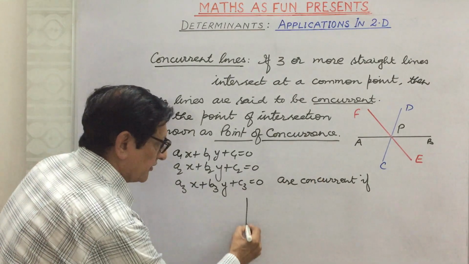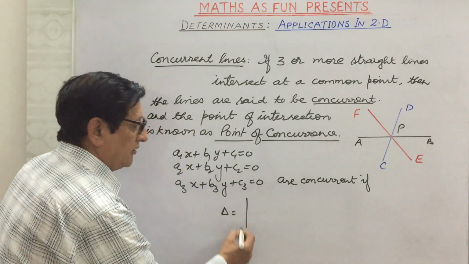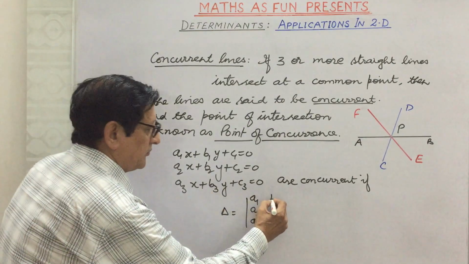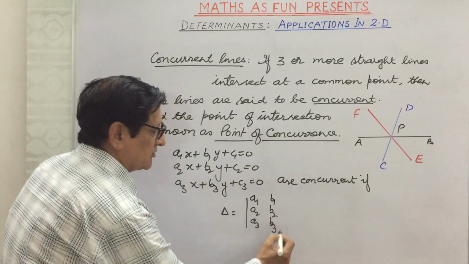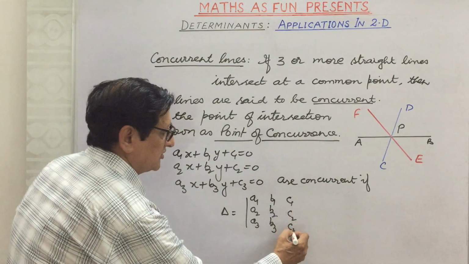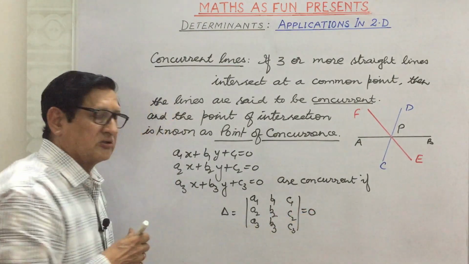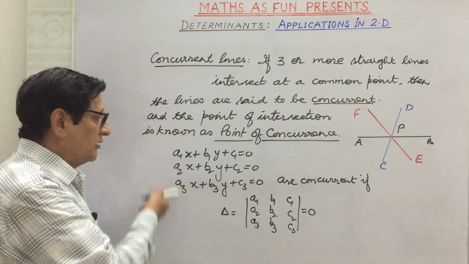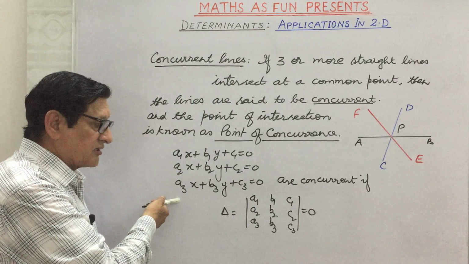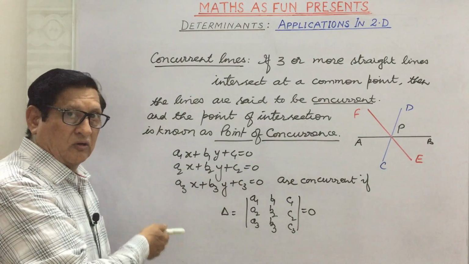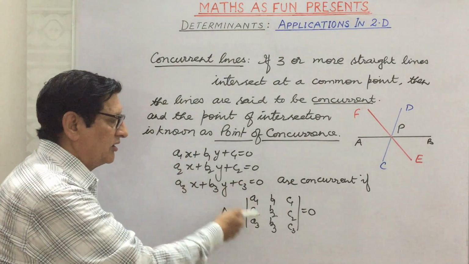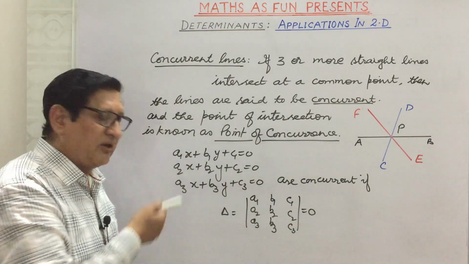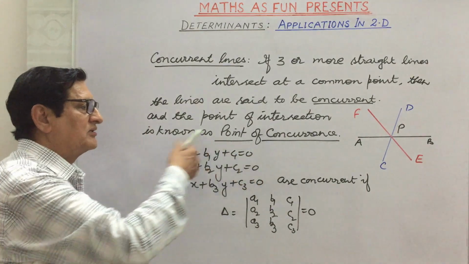That is, if determinant delta, which is A1, A2, A3, B1, B2, B3 and C1, C2, C3 is equal to 0. The determinant is formed by taking the coefficients of x in the first column, coefficients of y in the second column and the constant terms in the third column. If this is 0, then we say the lines are concurrent.